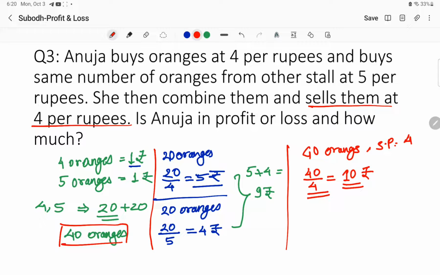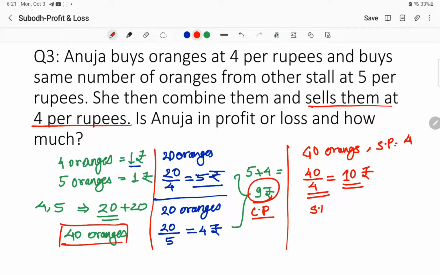Now we have to check whether Anuja is in profit or loss. We know the cost price. We got this cost price by calculating 20 oranges and 20 oranges from another shop. So 5 plus 4, we got the cost price of 9 rupees, and this 10 rupees is the selling price.